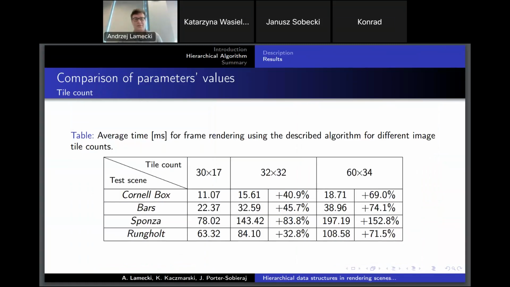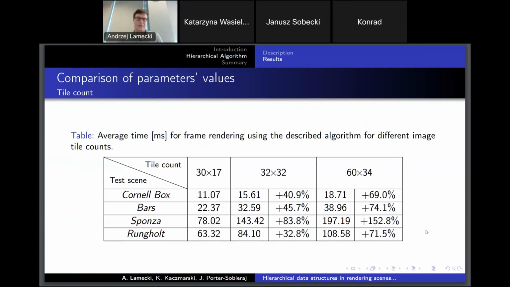We have tested 3 different tile counts for dividing our image, here represented in the table by each column. We have tested each of them for all 4 test scenes, each represented by a row.